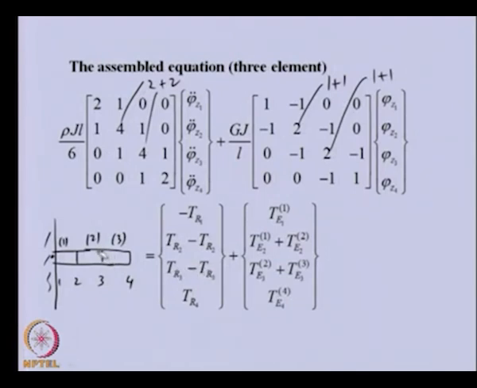So, when we are assembling two elements, obviously the reaction torque should cancel each other, and these are the external torque. So, this is just an illustration that if we have more number of elements, how the equation would change in the assembled form, but we will continue with the same 2 elements for the free vibration analysis of this particular cantilever shaft.